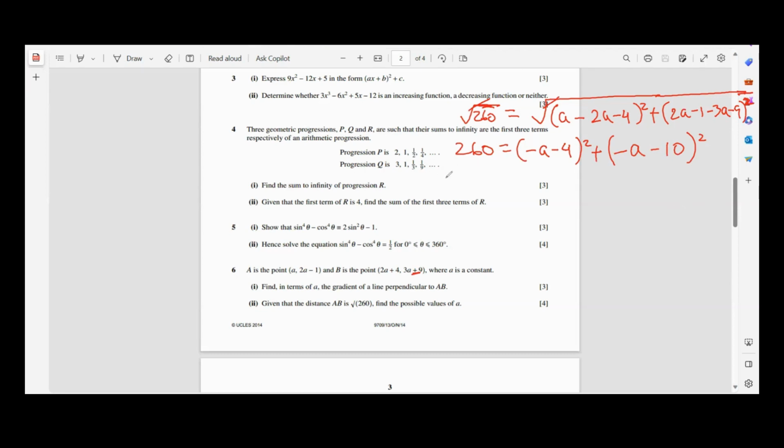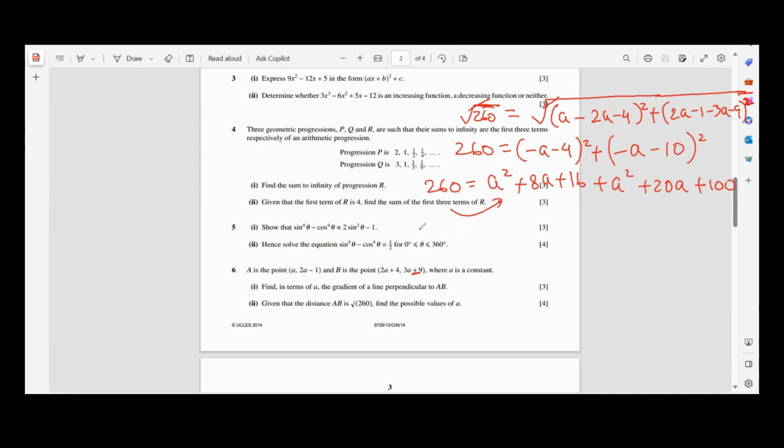Okay, and then we do the expansion. So 260 equals a squared plus 8a plus 16 plus, then we expand this: a squared plus 20a plus 100. Okay, this 260 I will move to the other side.